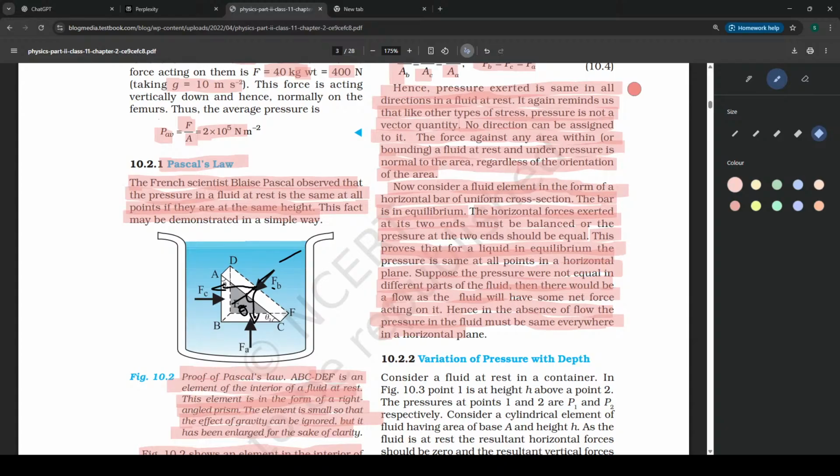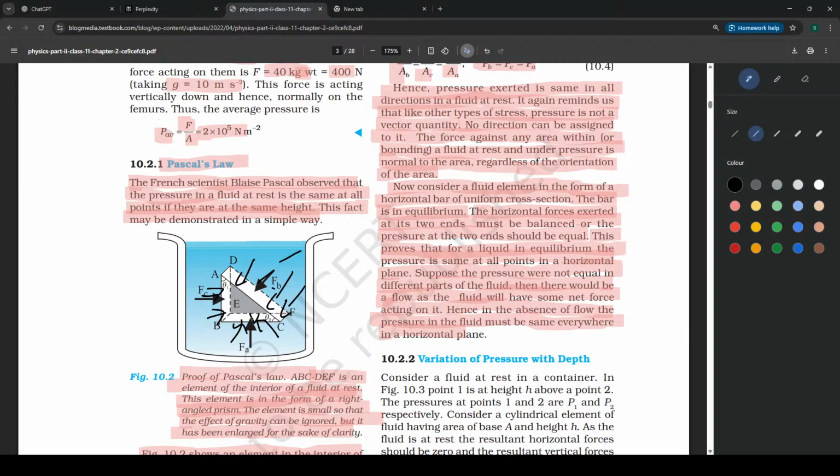And basically what that means is, if we consider the same thing here, if the pressure is not equal at every point, pressure is basically due to force. So let's consider force itself. Force is acting like this, in all these directions.